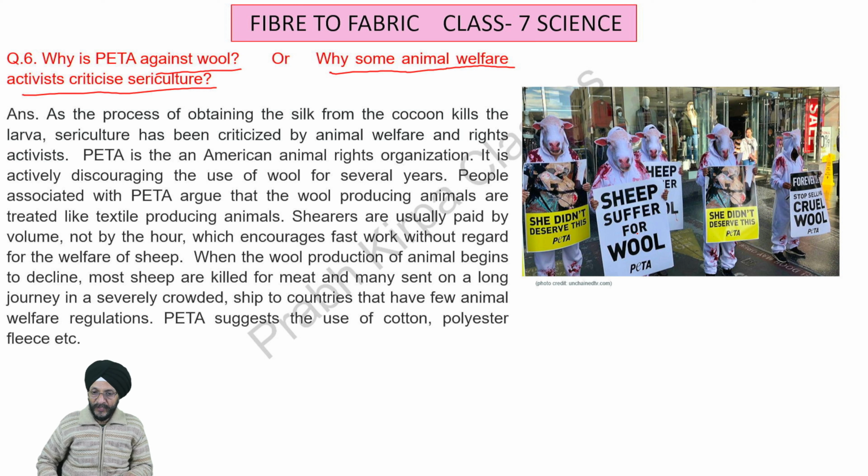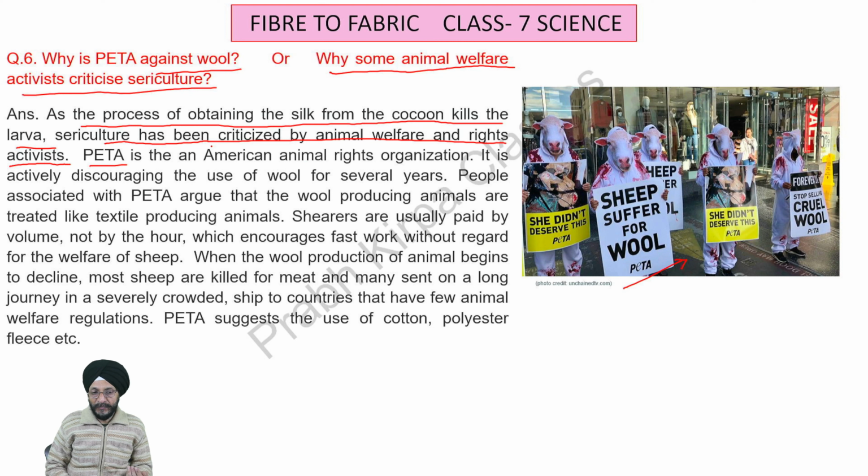In this photograph, you can see that some people of the PETA organization are raising banners against wool, because you can see here that this process of obtaining silk from cocoon kills the larva. So the animal welfare organizations are against sericulture.